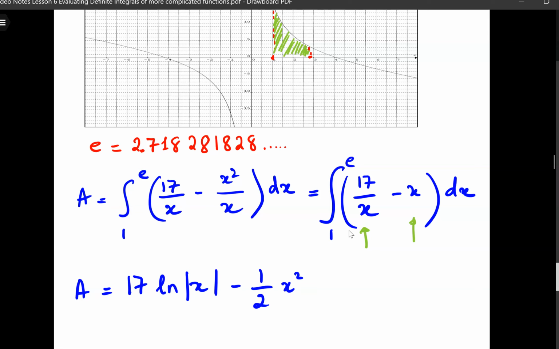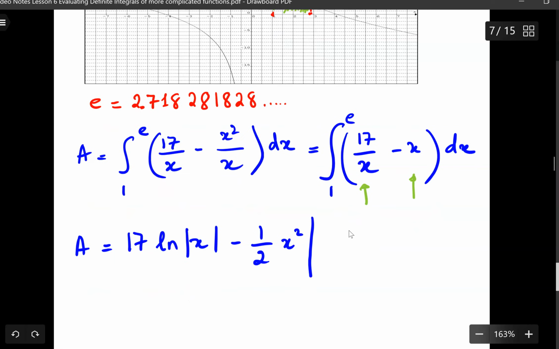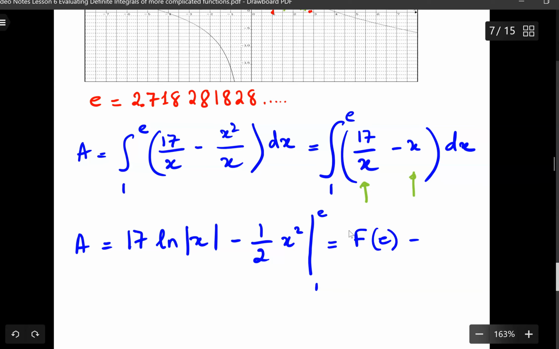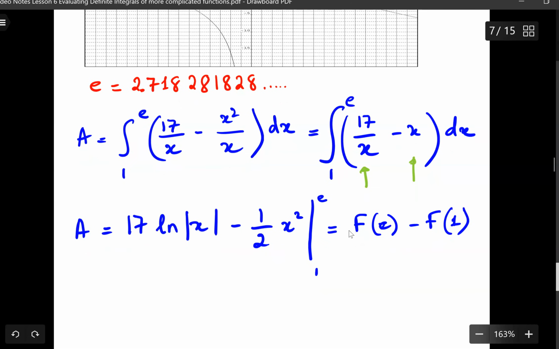Now I'm going to insert the symbol for the fundamental theorem of calculus. I'm going to evaluate from 1 to e, which will be the capital F of e, subtract the capital F of 1. I strongly recommend that everyone just leave the e, because e has something to do with the natural logarithm here.